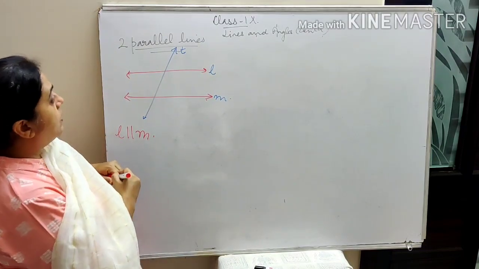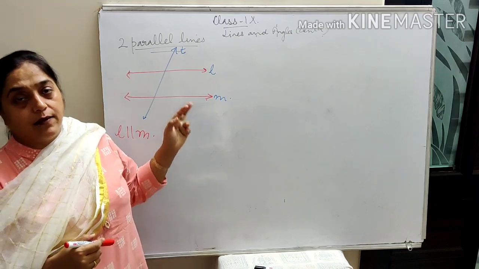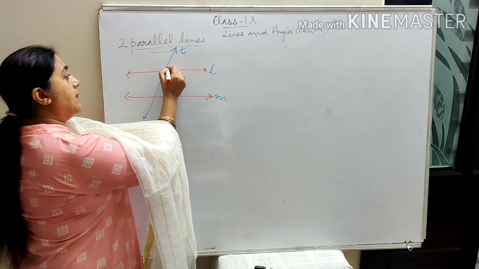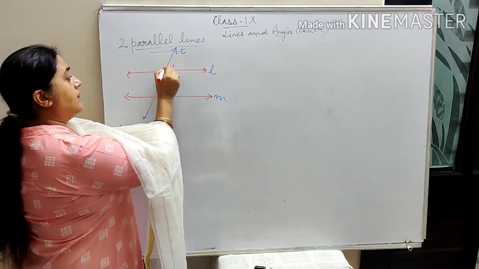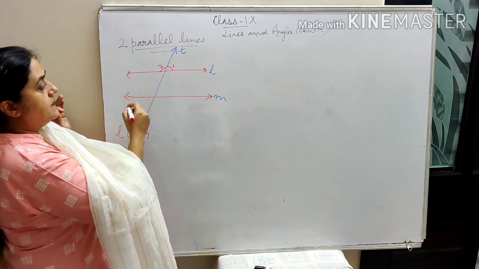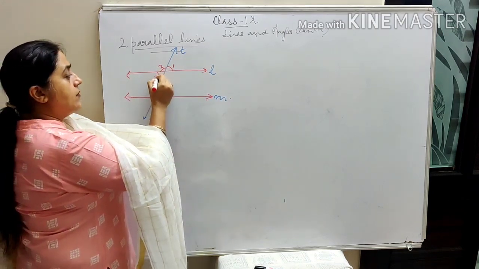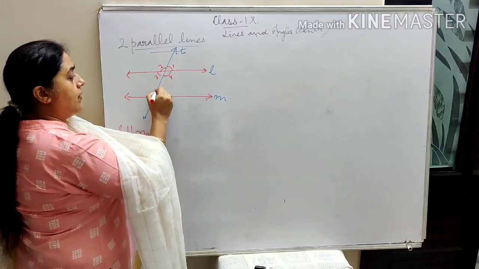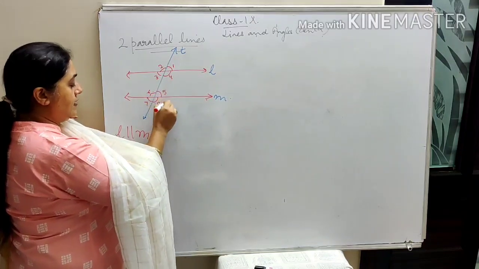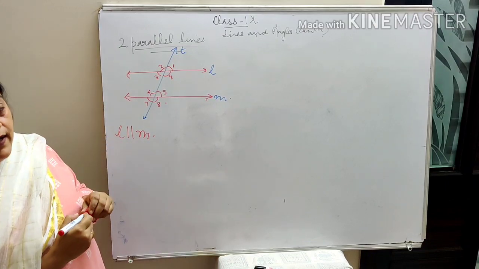So let us talk about the angles made by the two parallel lines and a transversal. See here, there is one angle and an adjacent angle 2 that you have done. Adjacent का मतलब साथ का angle. There is one more angle 3, 4, count करिए 5, 6, 7 and 8. So how many angles is it making? 8.